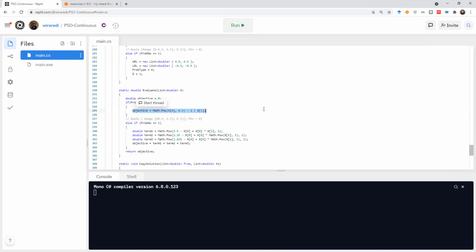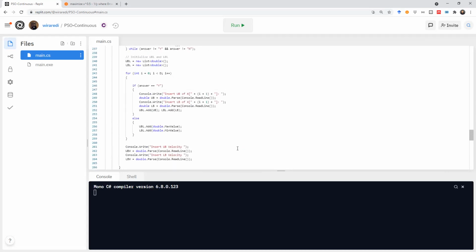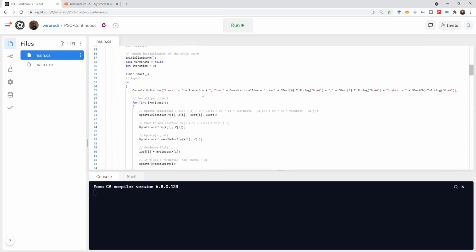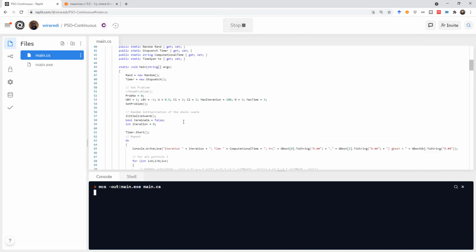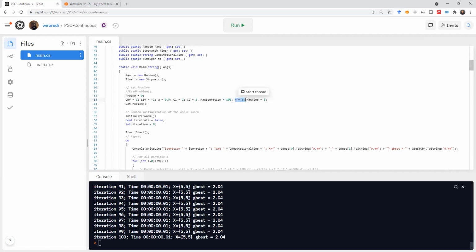So here is the place I coded the objective function. Then when I run the algorithm, here we select W as 0.5, C1 is 2, C2 is 2, maximum iteration is 100, number of individuals is 3, and this last one I don't think I use because I already have the iterations.